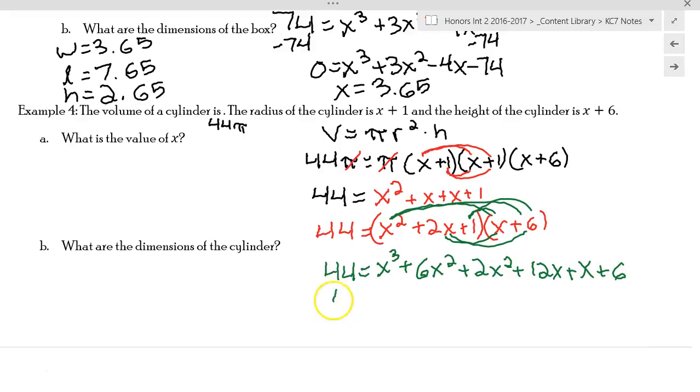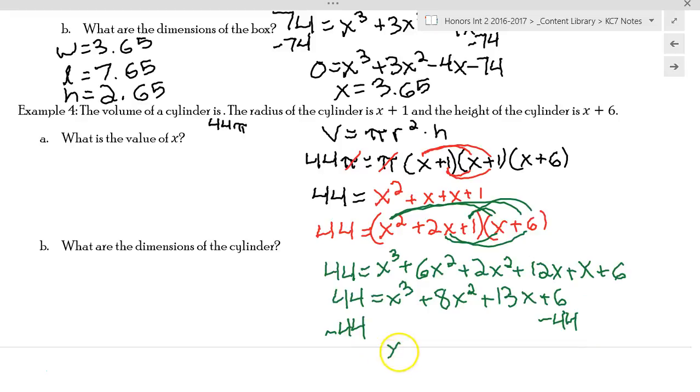Combining like terms, 44 equals x cubed plus 8x squared plus 13x plus 6. The last thing I have to do is subtract 44 from both sides. So I have x cubed plus 8x squared plus 13x, 6 minus 44 is minus 38.